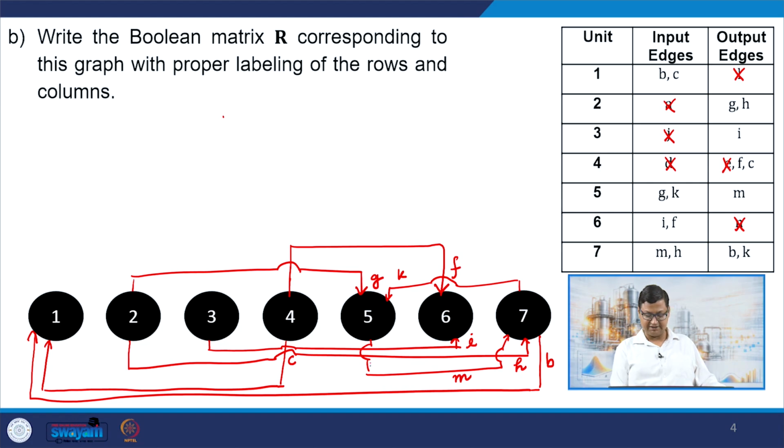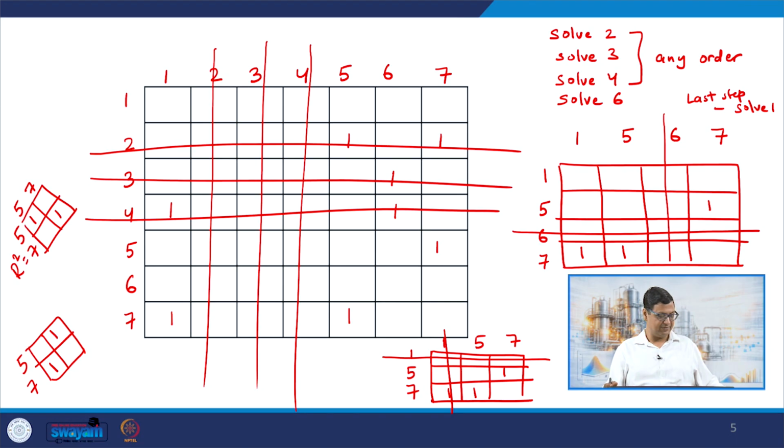From 5 there is an edge going to 7, and from 7 there is an edge going to 5. So, there is a cyclical net here, and you can see sometimes the numbering is not so intuitive. Although there is a cyclical net, it is difficult to identify from this graph unless you do the Boolean matrix, right. So, we have a cyclical net of order 2 as the diagonals are 1, and clearly now there are no ancestors or descendants left in the graph.